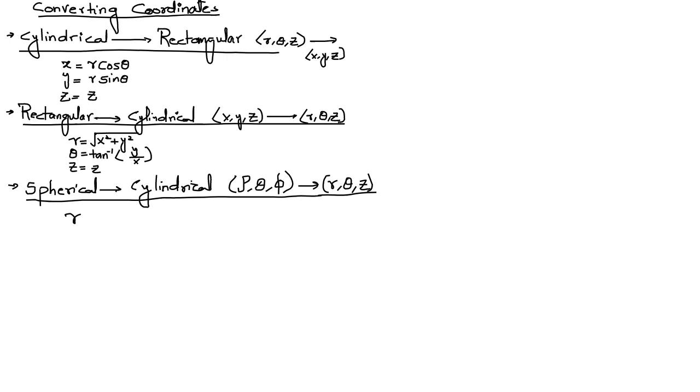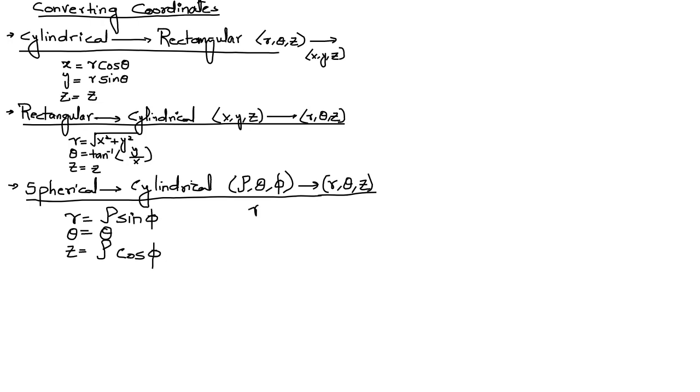What is r? r is rho times sine of phi, theta is equal to theta, z is equal to what? Rho cosine of phi.